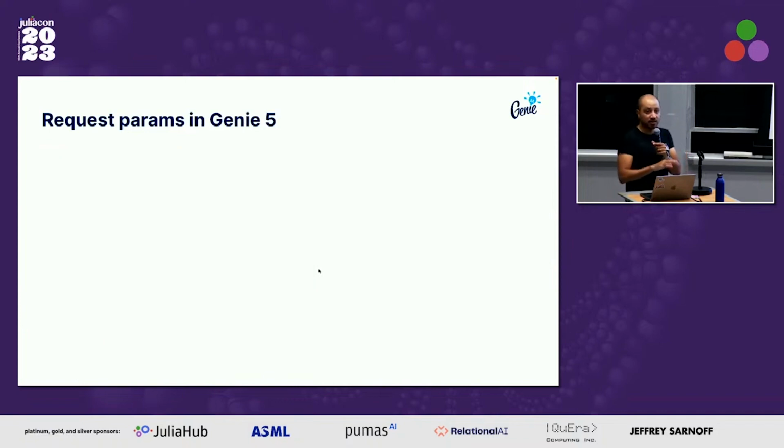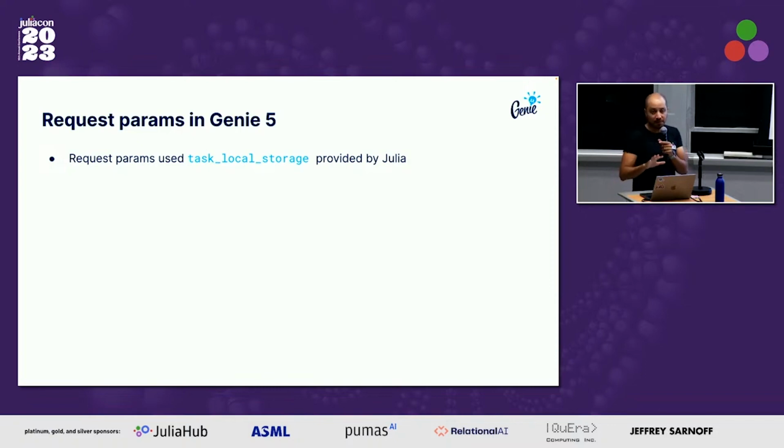Taking a look at the state of the params object in Genie 5, the request parameters use the task local storage provided by Julia itself. Because of this, the params object was readily available at the global module scope.